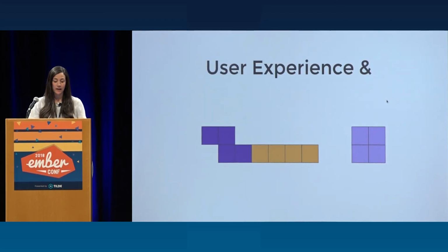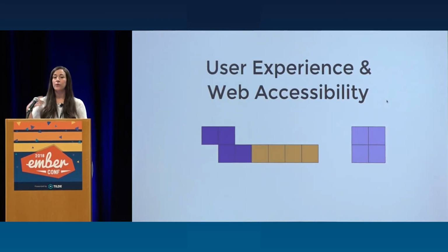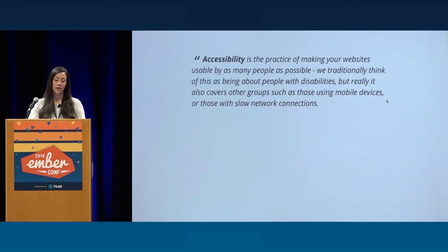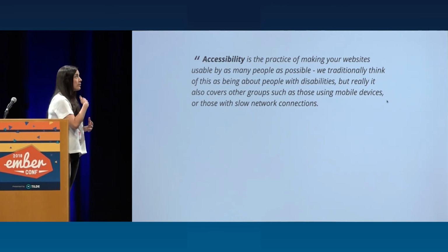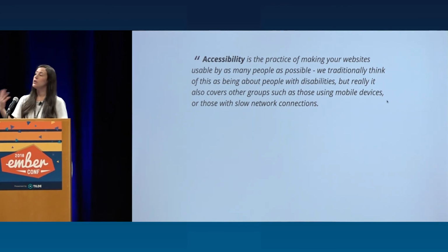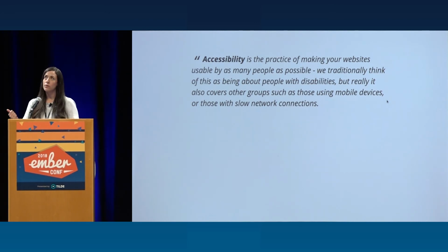In this last part, I'm just going to talk about how these different design patterns and our data management can help us with user experience and web accessibility. I'm not going to read this whole thing because I think everyone here knows what web accessibility is. But the one thing I want to highlight is that it's not just for people with disabilities.